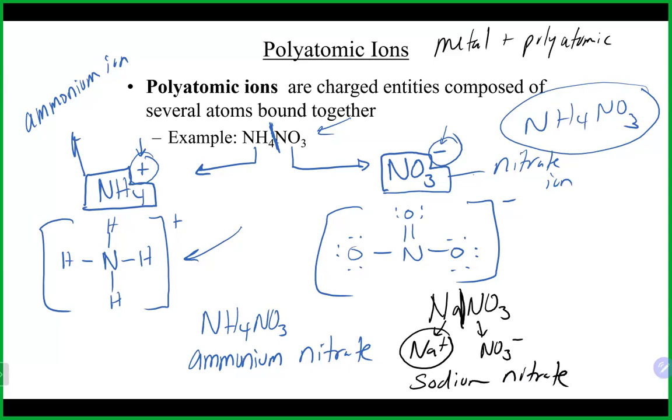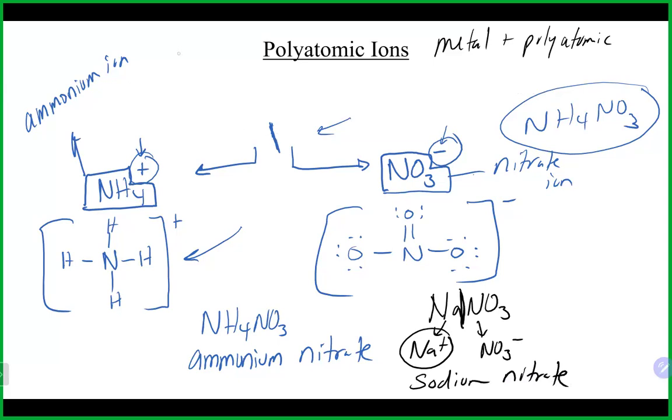Now, if I took, for example, iron and threw it together here with my nitrate, iron is also a metal, and this is a polyatomic ion. What type of metal is iron, type 1 or type 2? It is type 2, which means you need a Roman numeral, right? So same situation. I know I have 1 iron. I have nitrate here, which is NO3 minus.